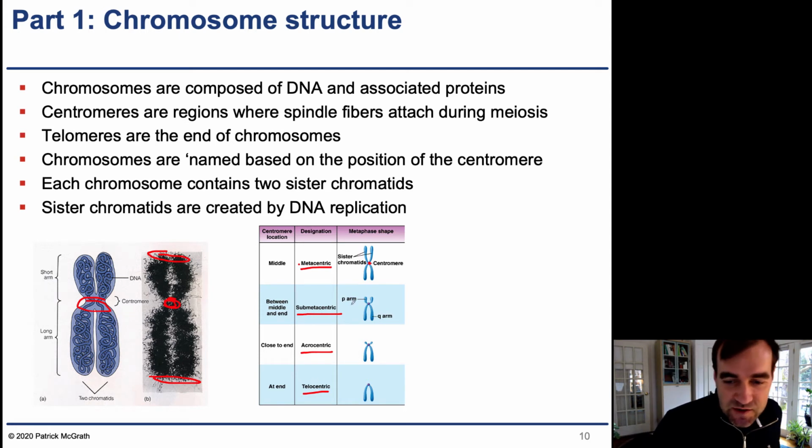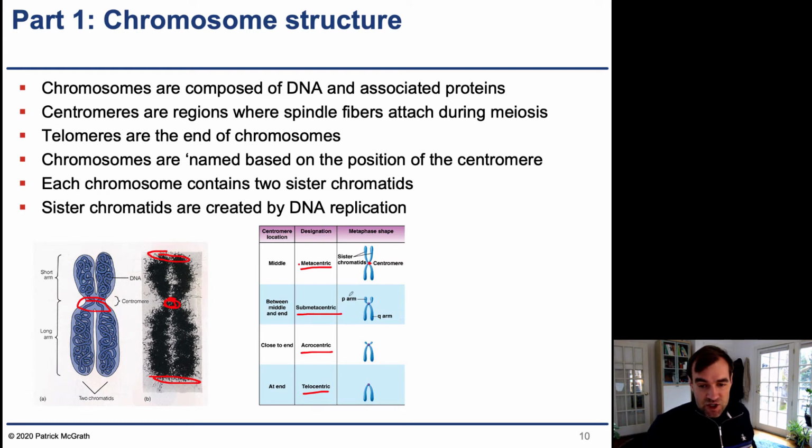This also allows us to add another naming convention in that we have two arms of the chromosome. So there's the P arm. The P arm is always the shorter, and the Q arm is always the longer. So if you become a human geneticist, or if you're really into human health, you might get into human genes, and human genes often have very specific positions.